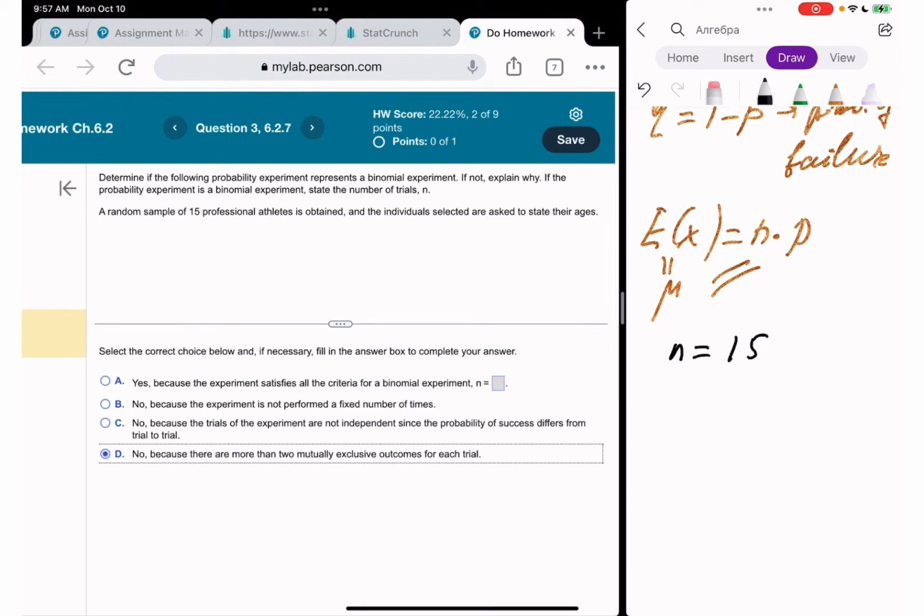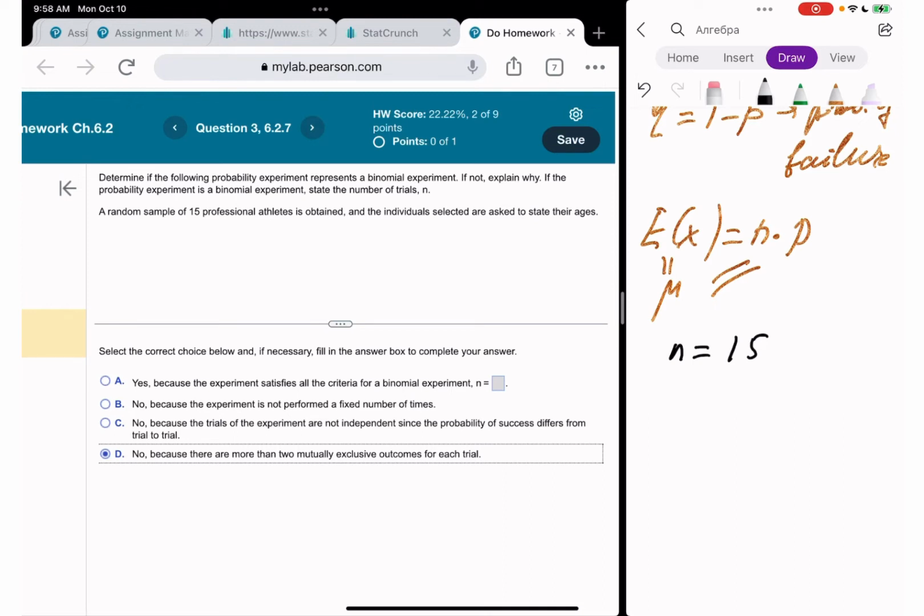Since we are talking about age, first of all, let's see, trials are independent because the individuals are asked separately, and the answer of one individual has nothing to do with the answer of another individual. And since we are talking about age, and age is a continuous variable, there are going to be more than two mutually exclusive outcomes.